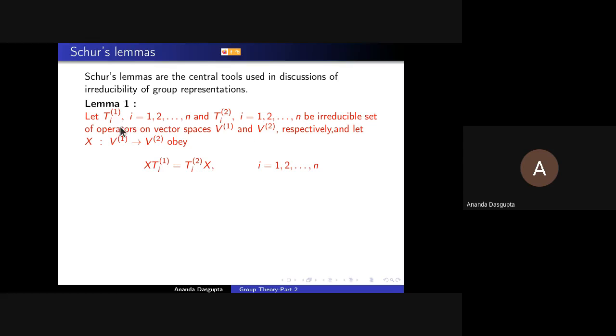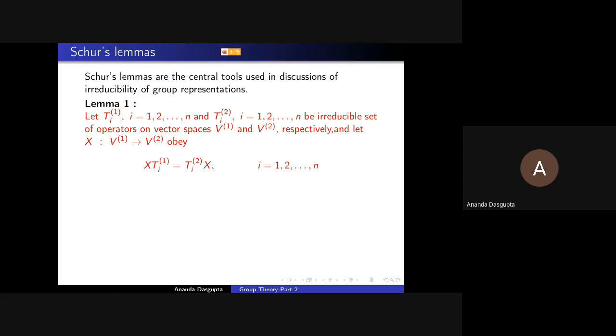Remember, i's here label an irreducible set of operators. So if you have such a relationship, X looks like it is commuting with Ti's, right? But they are not really commuting because the two operators Ti1 and Ti2 are not the same operators. Okay? Ti1 are operators which are acting on the space V1, Ti2 are operators which act on the space V2. So they don't have to be the same operators. Okay?